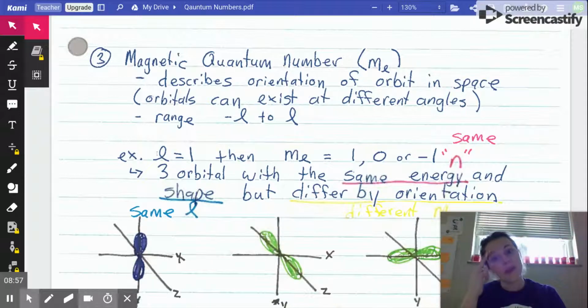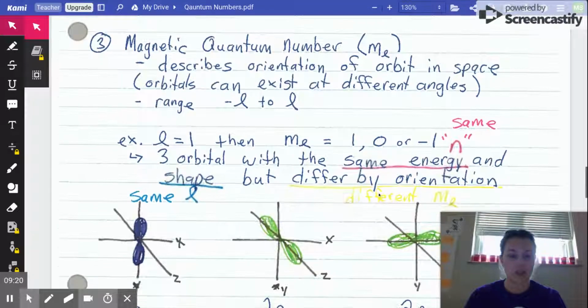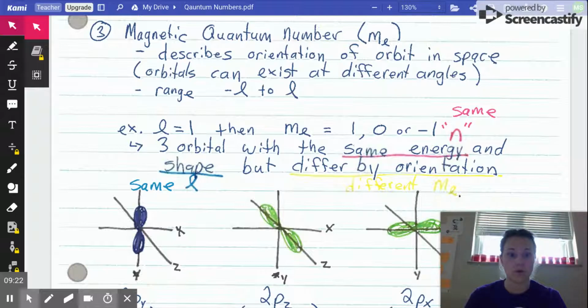So the magnetic quantum number is telling us the orientation or the angle that the orbital is existing in around the nucleus. So when L equals 1, there are 3 orbitals with the same energy, so they have the same n. They have the same shape, so they have the same L. But they differ by orientation, so they have a different magnetic quantum number, a different ML.